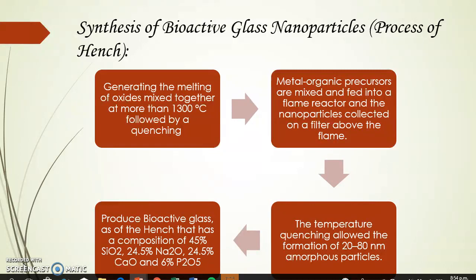In this method the cooling allows the formation of amorphous particles of 20 to 80 nanometers, and finally a bioactive glass is obtained that has the composition of 45% silicon oxide, 24.5% sodium oxide, as well as calcium oxide and 6% phosphorus oxide.